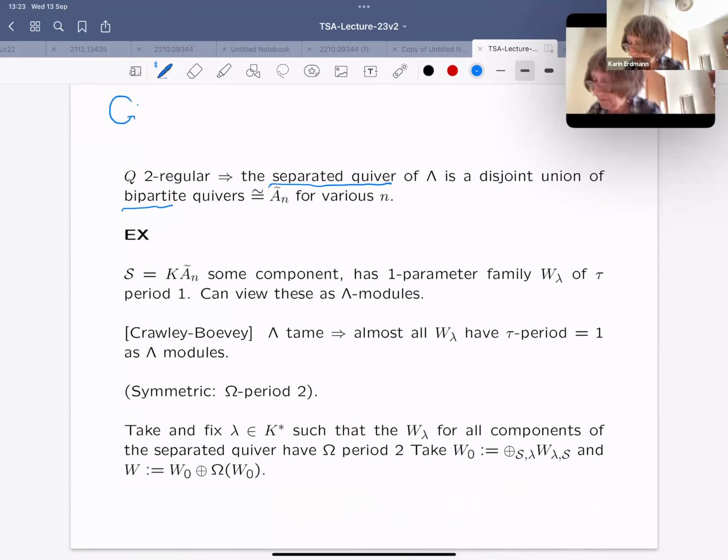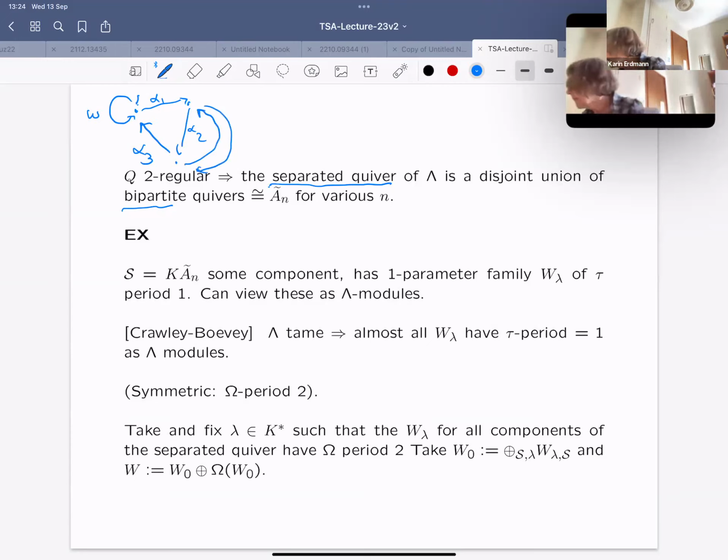So my quiver is now, it should be 2-regular, but I don't want loops here. What I'd like is I have a pair of arrows here. So this is beta, and this is gamma, right? This is 2, and this is 3. And I was going to draw the separated quiver of that. So how do you do the separated quiver?